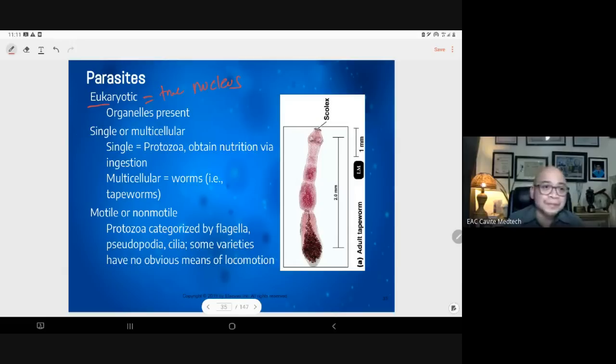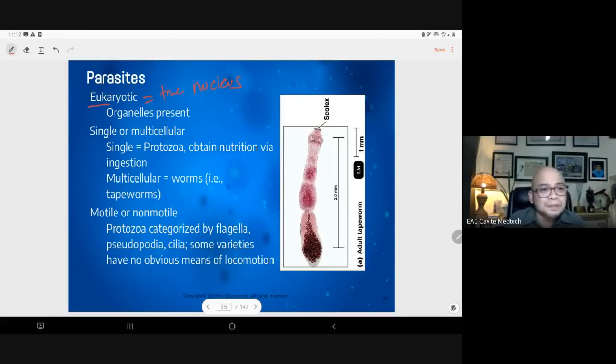Like humans, parasites are eukaryotic. They can either be single or multicellular. For example, protozoans such as amoeba are single-celled organisms, whereas tapeworms are multicellular organisms.